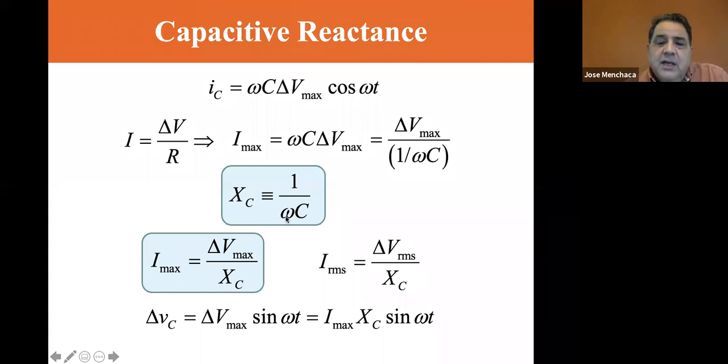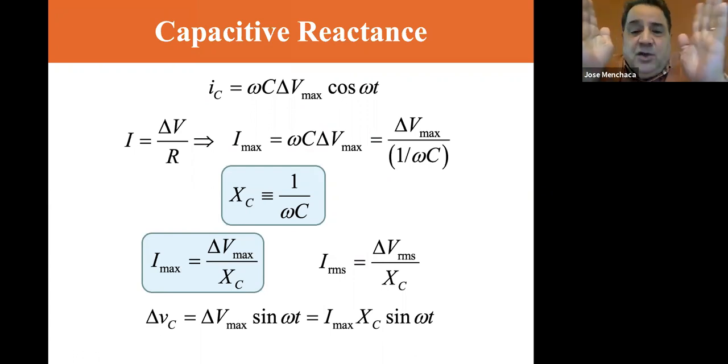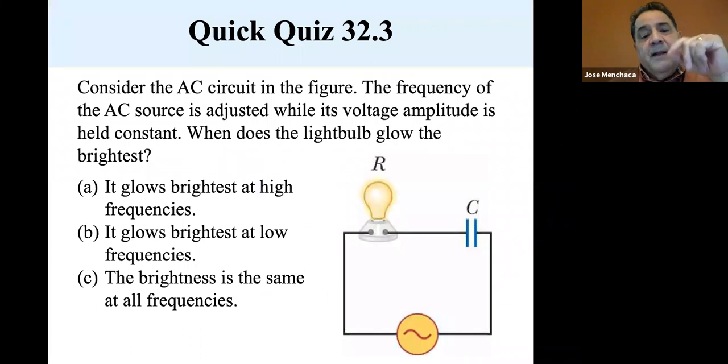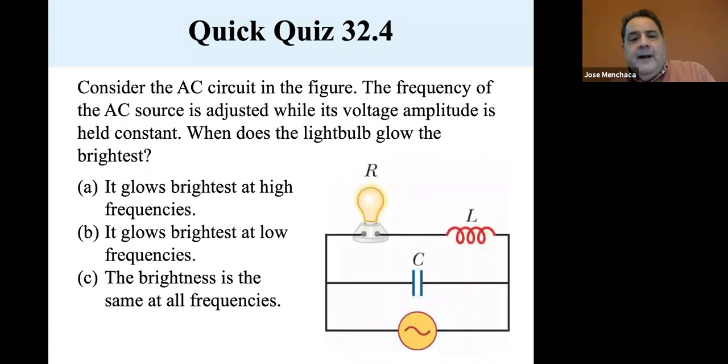If the frequency goes down, X sub C increases, and I max decreases. Let's go to the extreme point. If you go down to DC, you've got a capacitor that will eventually charge and there'll be no current flow, right? So it glows brightest at high frequencies. And sure enough, there's the answer, the high frequencies.